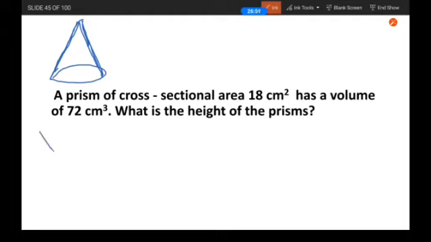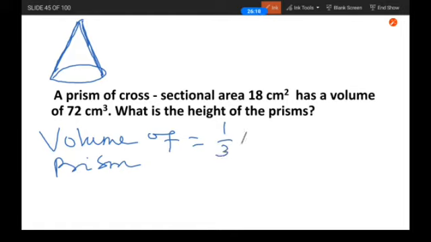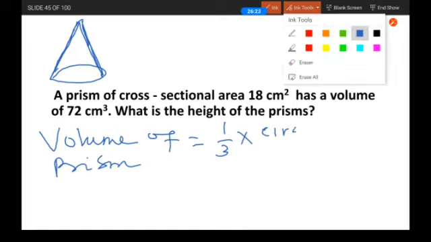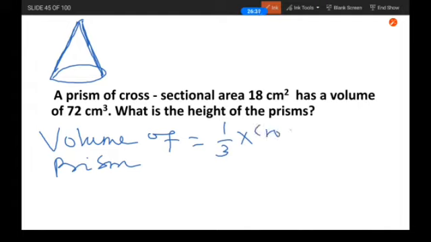So the volume of a prism is usually 1/3 times cross-sectional area. It could be circular, rectangular, or triangular, it depends. Times cross-sectional area, then times perpendicular height. Is that okay?